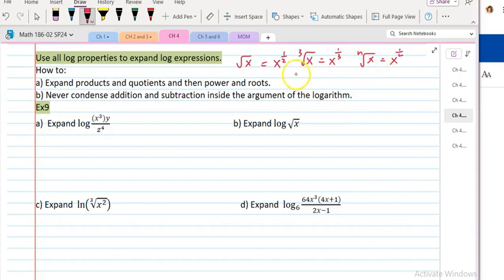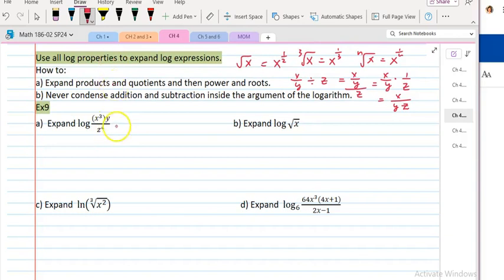Another thing: if I have x over y and I want to divide it by z, it will be x over y divided by z, which is x over y times 1 over z, equal to x over yz. So if you have a fraction divided by another expression, this expression goes in the denominator. These are some of the prerequisite algebra skills that we need to review.